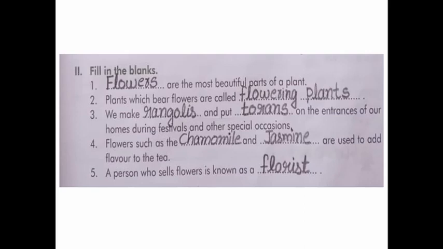Correct answer is rangolis and torans. Number 4. Flowers such as the dash and dash are used to add flavor to the tea. Correct answer is chamomile and jasmine. Number 5. A person who sells flowers is known as a dash. Correct answer is florist.